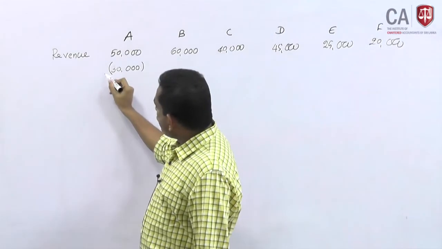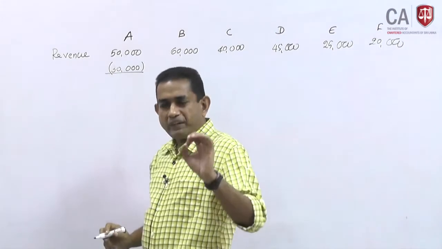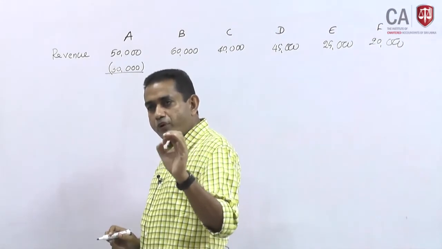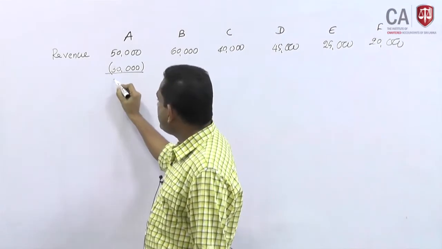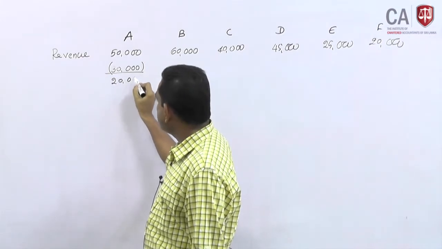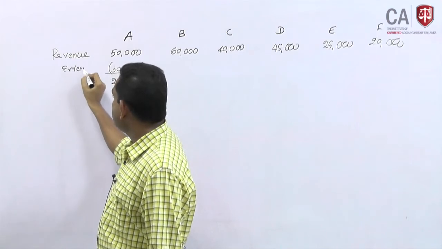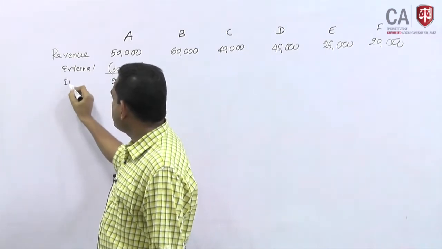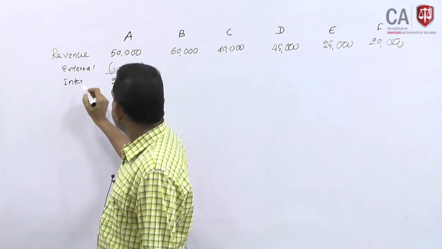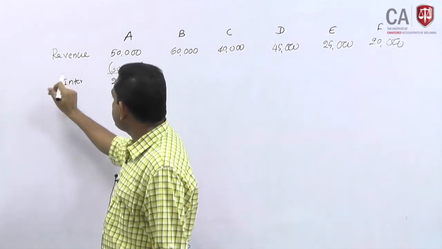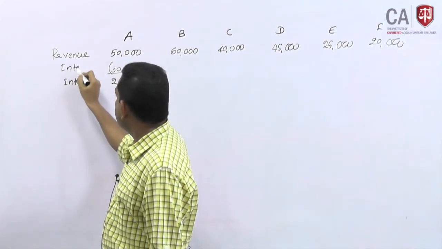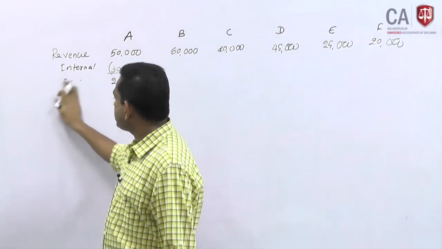Now, what is the total external revenue reported in segment A? It is just 20,000. I made a mistake. This is internal and this is external.